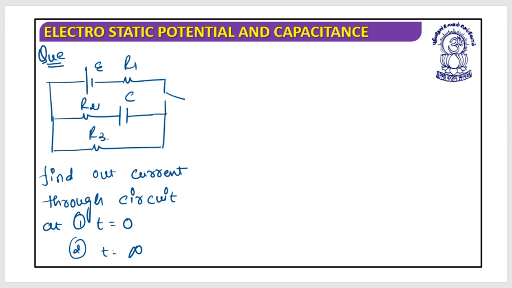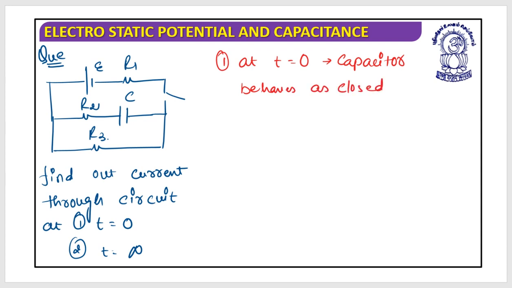So what I'm supposed to do is, at t equals 0, the capacitor behaves as... Now tell me what would be the situation. At t equals 0, the capacitor behaves as a closed switch.